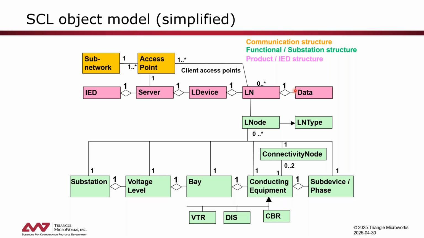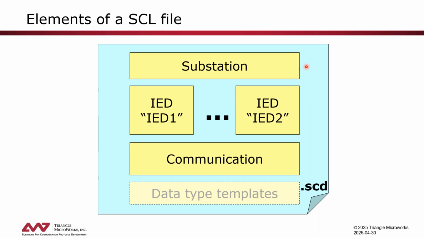How do we describe the data model and the capabilities of an IED in SCL? The SCL file has basically multiple parts. It has a substation part where we describe the topology. For each of the IEDs, it has an IED part, it has a communication part, and we also have data type templates. So what we will have a closer look at now is how this IED part is presented.